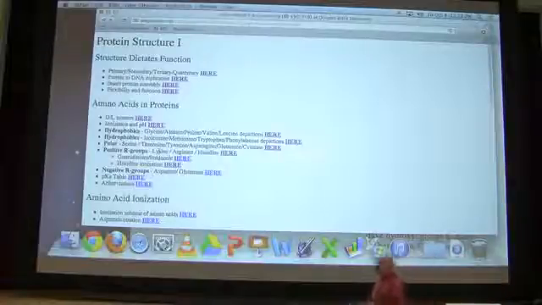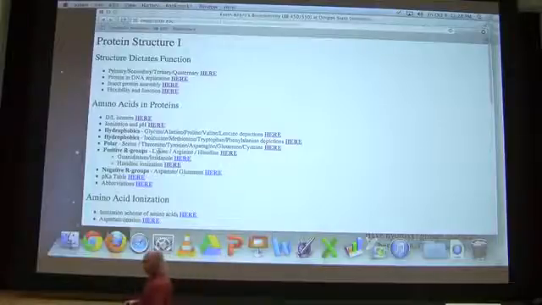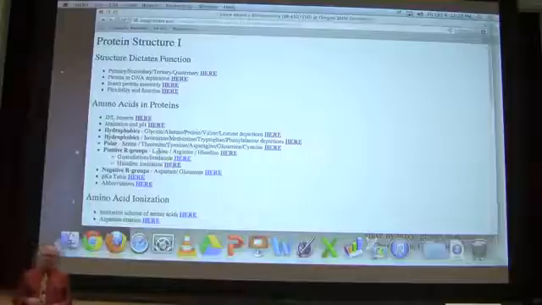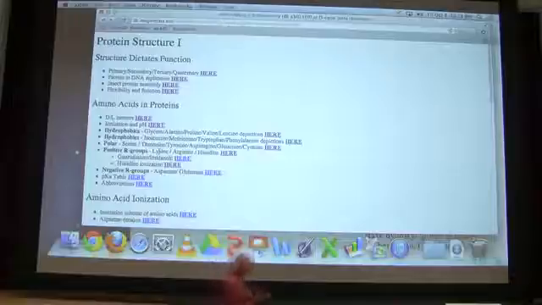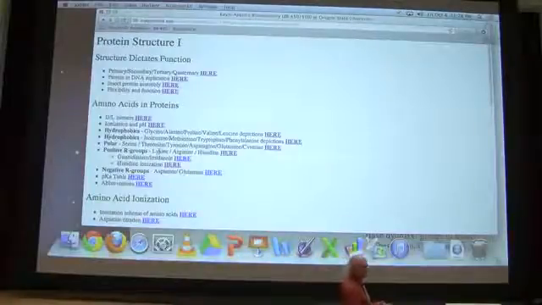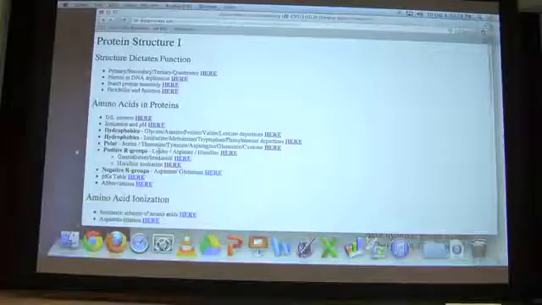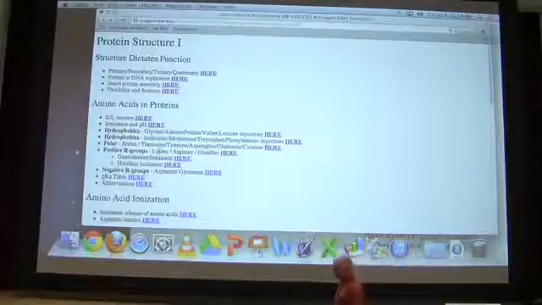The important thing about them is that each of them has an amine in its R group. And you remember that when amines gain an extra proton, they have a positive charge. So these have three different ionizable groups: the alpha carboxyl, the alpha amine, and the R group amine.